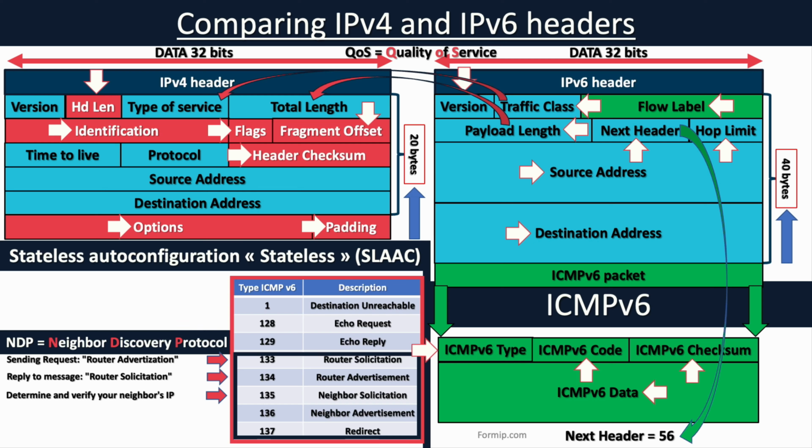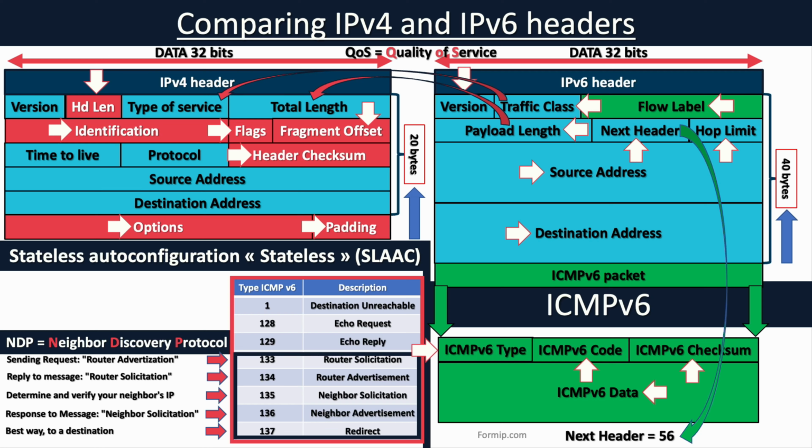And finally, during the auto-configuration of the IP address, it will be able to check if it is not used by its neighbors. The neighbor advertisement message is used to reply to the previous message, the neighbor solicitations. And the type 137 message, the redirect, allows routers to signal to hosts that a better path exists for a destination.